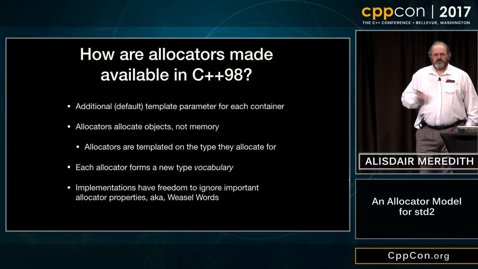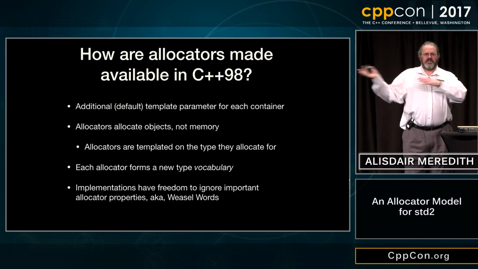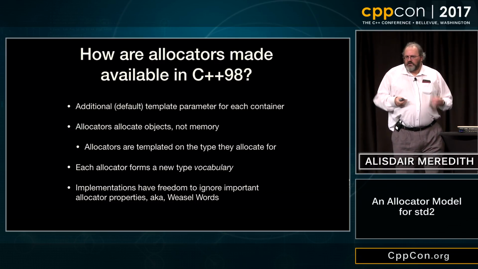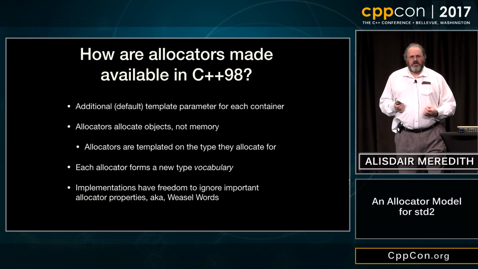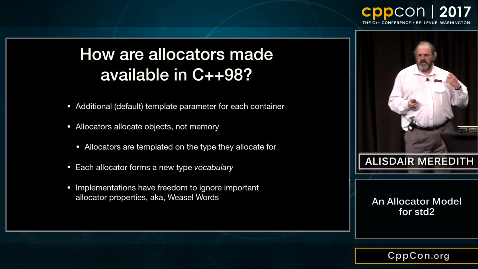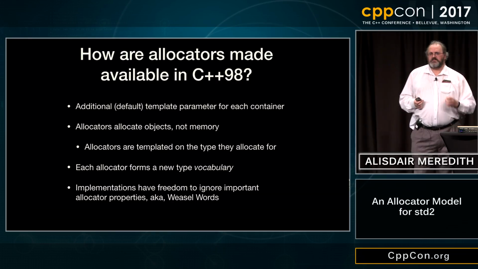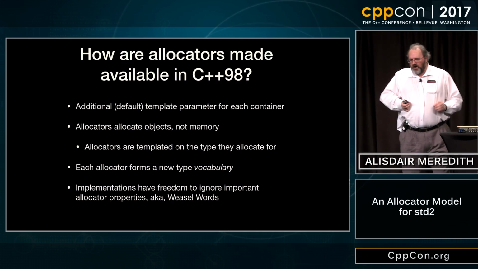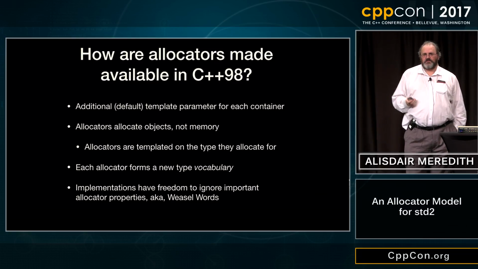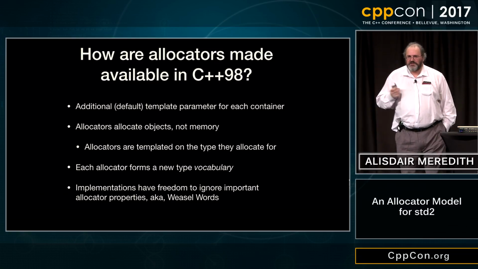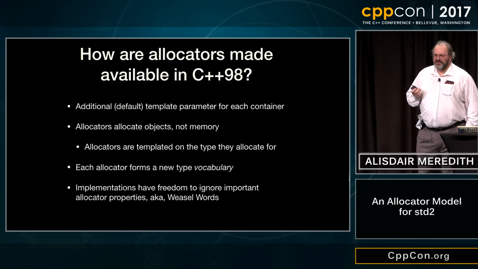Do I need to do translation now between my types, which might mean copying the data around again? So just for the sake of vocabulary, having allocators as template parameters on our containers could be a bit of a problem. But it's also brought us a bunch of other advantages as well. So let's not throw the baby out with the bathwater straight away. We'll do that in about another 20 slides.